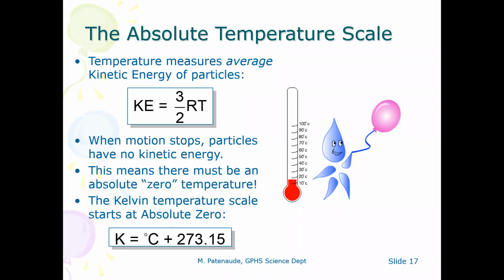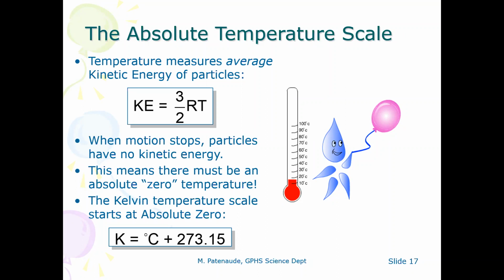This formula you see on the screen, kinetic energy equals 3/2 RT, is an equation to calculate the average kinetic energy of the particles of gas. The T in that equation is the Kelvin temperature. Make sure you emphasize that it's the Kelvin temperature, the absolute temperature. The letter R is a constant, and we're going to see it again later.